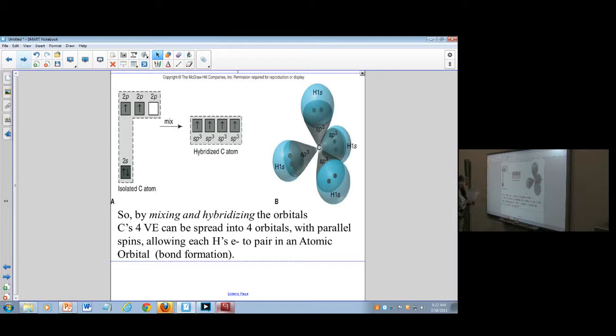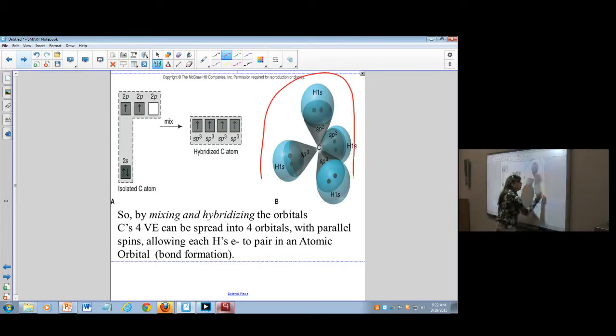By using these hybridized orbitals, okay, oh, well, I haven't really told you about them yet. By using something called hybridized orbitals, we can find a way to get carbon to have a tetrahedral shape and 4 bonds. All right, so here are our regular atomic orbitals.